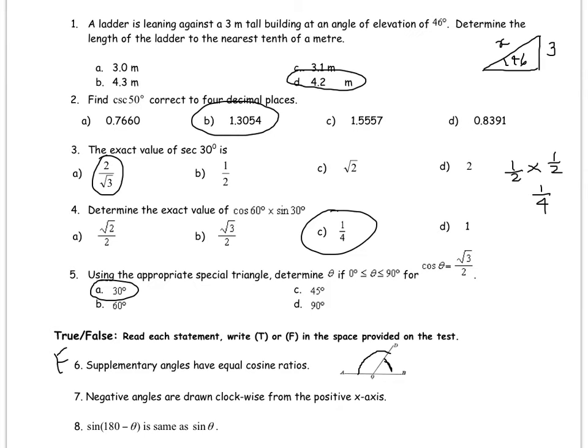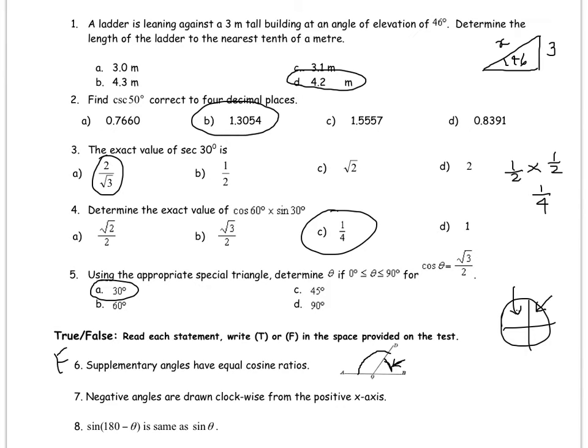Now between 90 and 180, if you remember the unit circle, is going to be in quadrant 2, which is here, and cos of any angle in this quadrant is negative. But the cos of the angle in the first quadrant, which is this angle, is going to be positive, and there is no way that they can be equal. So the answer is false.